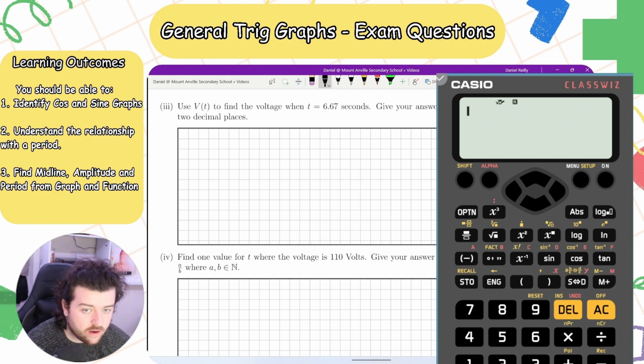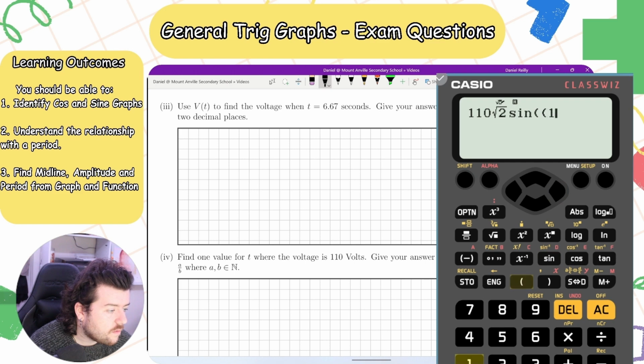Make sure you calculate in radians, because we're dealing with radians. So it's going to be 110 root 2 sine of 120 pi times 6.67.